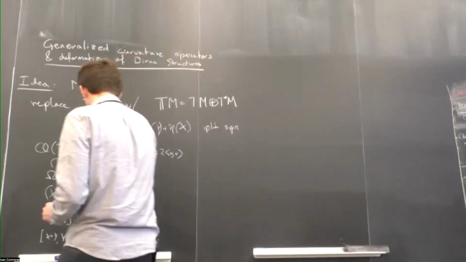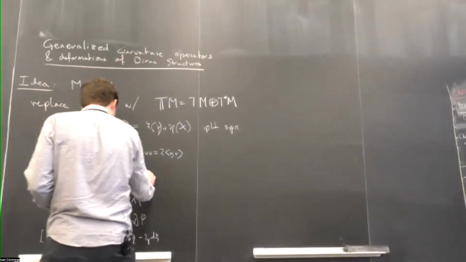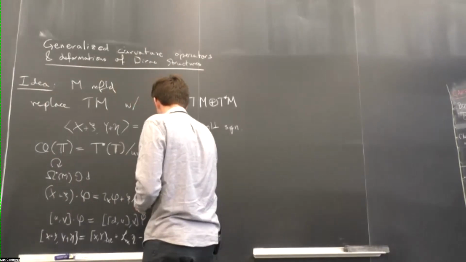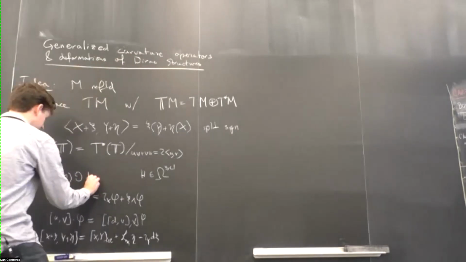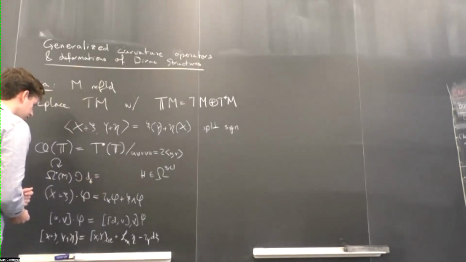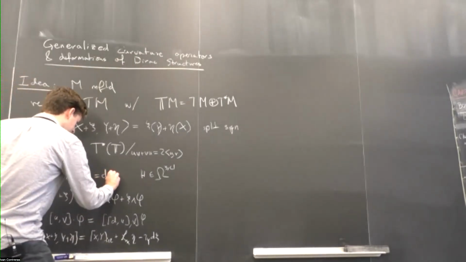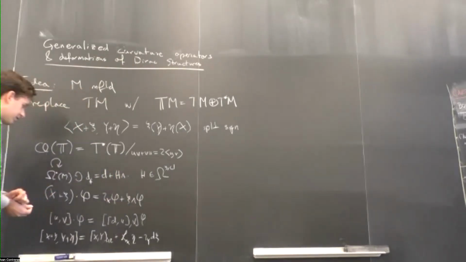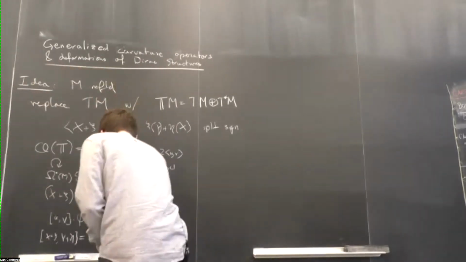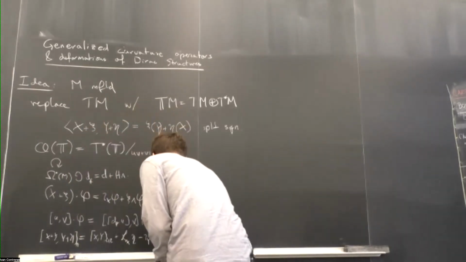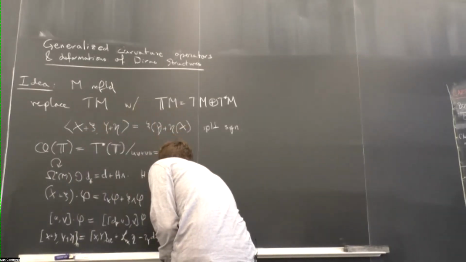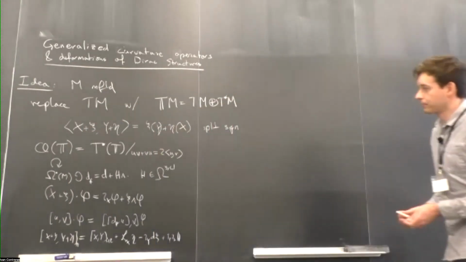And finally, there's one little modification you can do if you have some closed 3-form. You can modify this differential, this operator, by just wedging by H. And the result will be a slightly different bracket, an H-twisted bracket, where you contract Y and X into H. Okay.